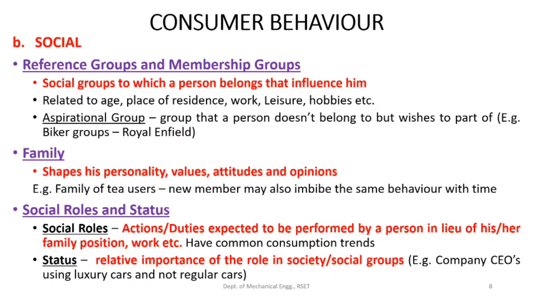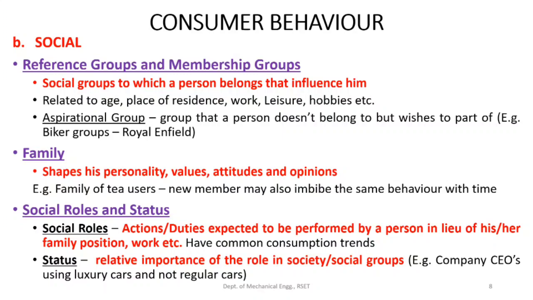These social groups might be groups which are related to age, place of residence, work, leisure, hobbies, etc. For example, a person belonging to a particular area of residence might be a member of that residence association. So that forms a social group or a reference group.